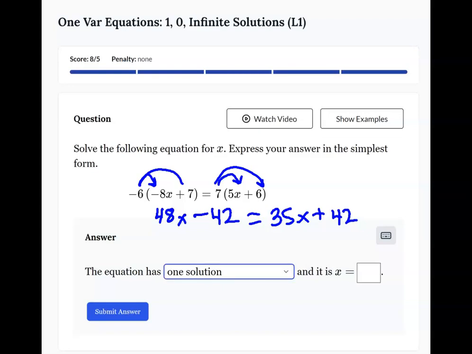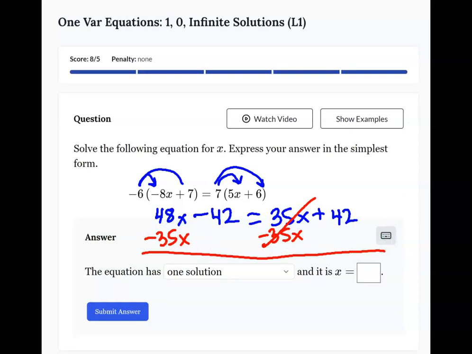So I'm going to subtract 35x from both sides here. And because I don't have a lot of room on my screen, I'm also going to add 42 to both sides. That color's a little bit hard to see. And you'll notice that I have a cancellation, right?